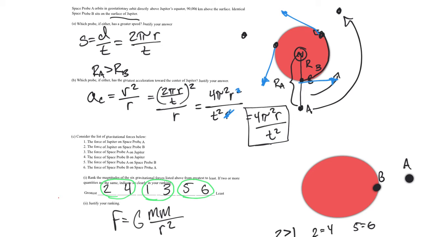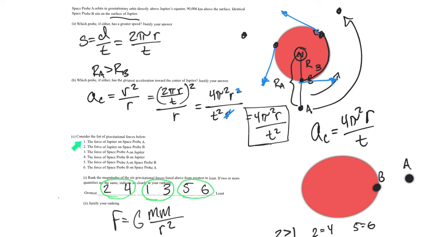That means that A has a greater centripetal acceleration than B, since 4, pi, and t are all the same. So clearly, the bigger the radius, the bigger the centripetal acceleration. a_c equals 4 pi squared r over t squared, so the bigger the r, the bigger the a_c.